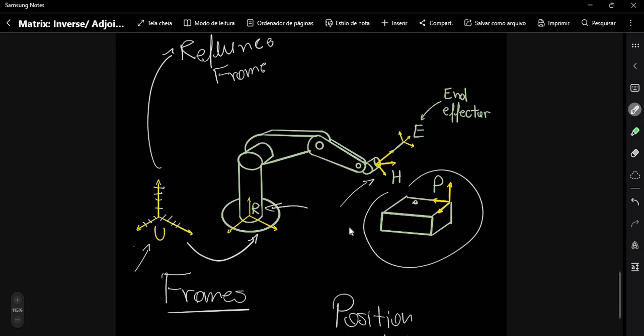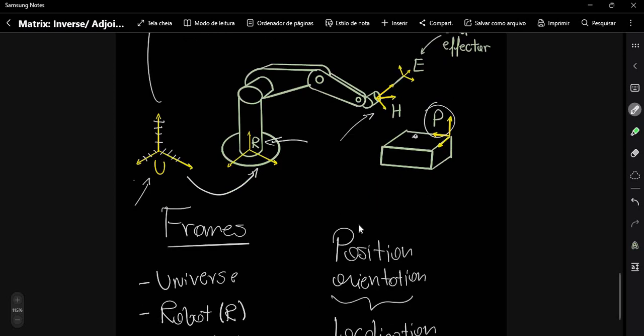But now let's say we want to know the localization and position of the piece without any precision. We can know the path of the end effector, which is going to be the same as where this piece is localized.